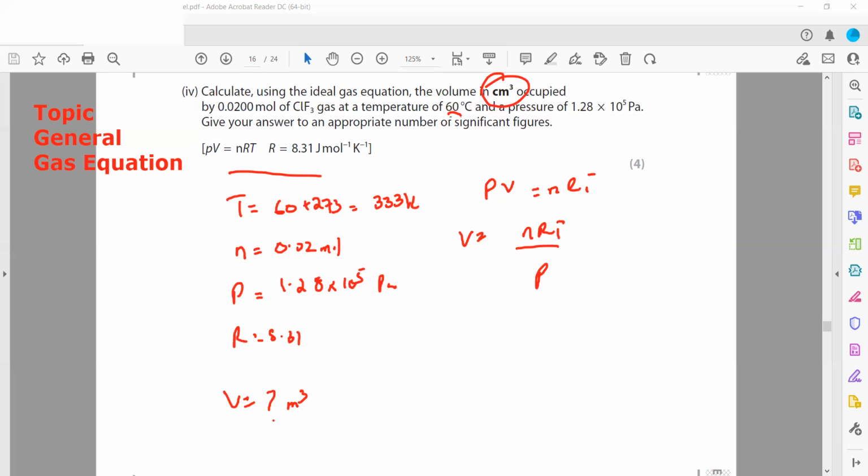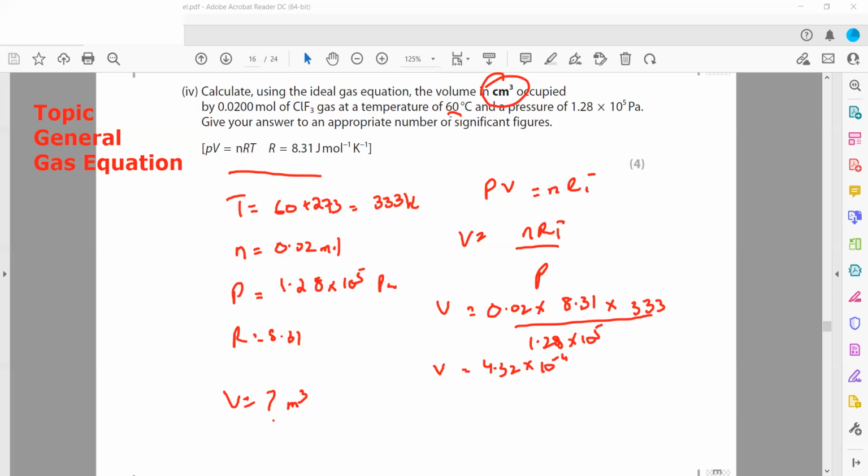We substitute the values: 0.02, R is 8.31, temperature is 303 Kelvin, divided by pressure, 1.28 times 10 to the power 5 Pascal, which gives a volume of 4.32 times 10 to the power minus 4 meter cubed.